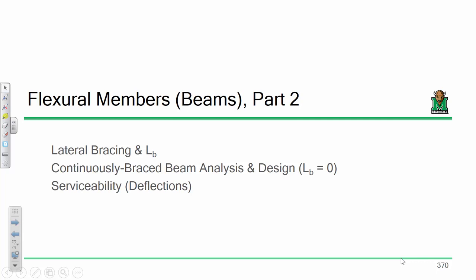And so this case up top had an LB of L over 2. So we'll put that right here. LB is L over 2 or 0.5 L. Whereas down here, we had something a little different. We had two different unbraced segments, okay? We had this segment right here, and then we had this segment.